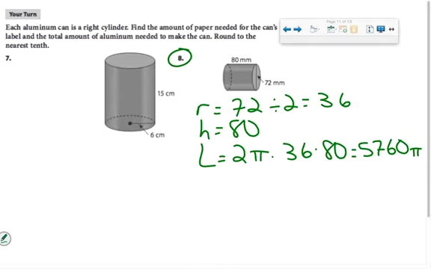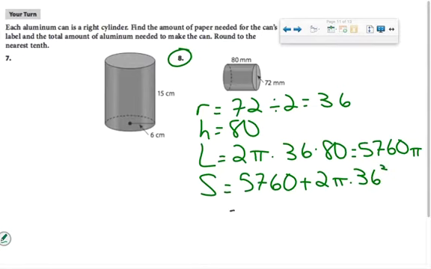And then my surface area is going to be that value plus 2 pi times 36 squared. So 36 squared times 2 plus, oops, I dropped my pi, 5760 gives me a total surface area of 8352 pi.